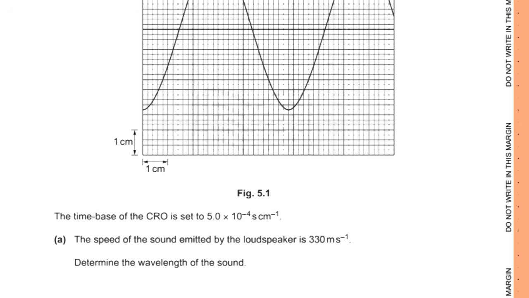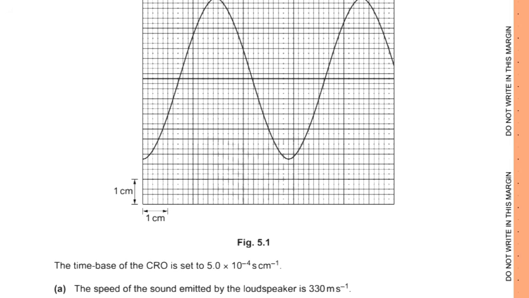So first we need to find the time period using what we see in the graph, right? Now this grid is a little bit messed up, but let's look at that. So 1 cm is basically 5 boxes, right? So this is 1, 2, 3, 4, 5.